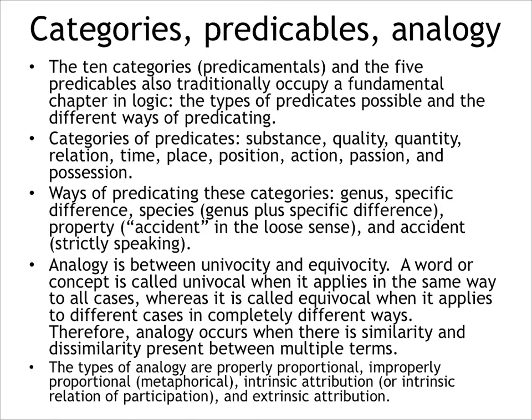It'll be the cause of health. So you can use health in three different ways there. And there are lots of different cases where you could do that, with different words. That's what's called an analogous concept, or an analogous term. So the analogy of being is a big theme we'll talk about, especially in the ontological foundations.